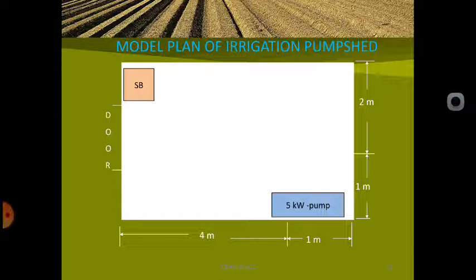This is the room size. Based on the room size, we are going to estimate what different types of devices are required, what their ratings are, and how many devices are required. So we are going to prepare one schedule, an approximate cost, to estimate how much these materials will cost. Let us see.